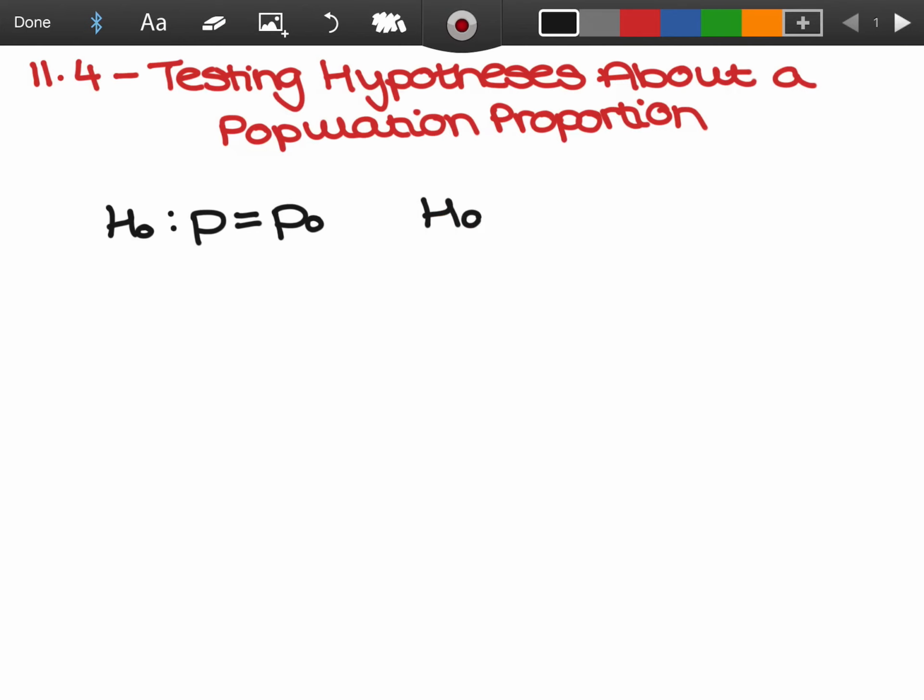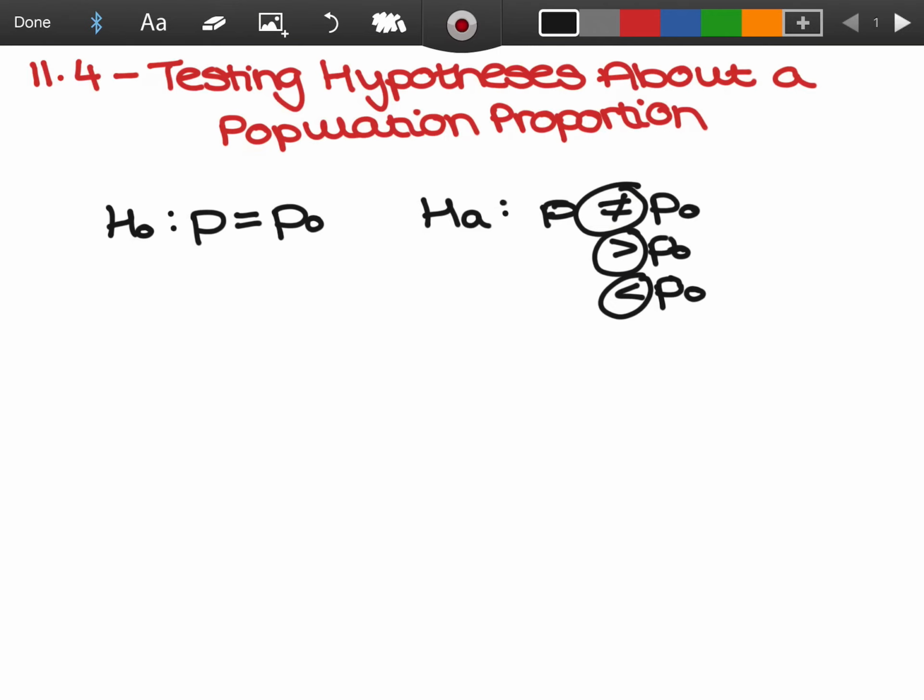And then your alternative hypothesis is going to state that the population proportion is actually either not equal to, greater than, or less than what you initially thought it was. Okay, so it all depends on what the problem says, as always. So you could end up with a two-sided alternative or a one-sided alternative, whether that be left-tailed or right-tailed. Okay. So it's very much the same as what we've done before. We're just now dealing with proportions.